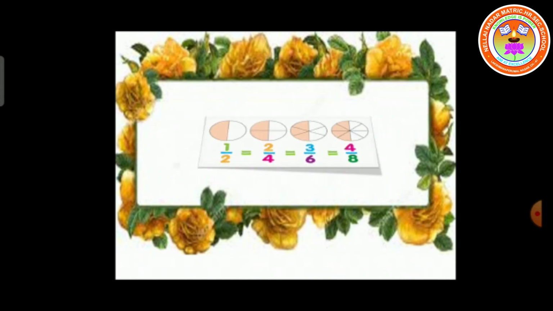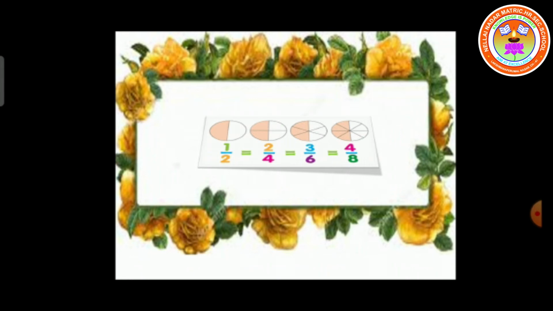Next is the example of equivalent fraction. I told you it must have the same value, but it may look different. See, the first circle is divided into 2 parts, so I can say 1 by 2. The second one is divided into 4 parts, but 2 parts are shaded, so I represent 2 by 4.